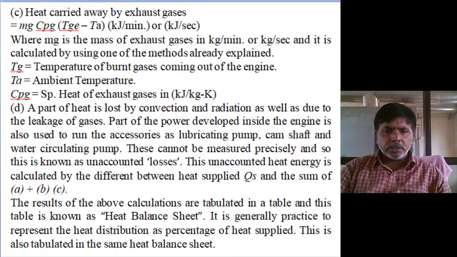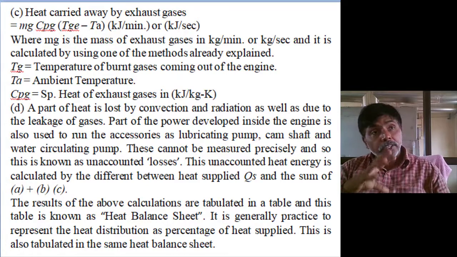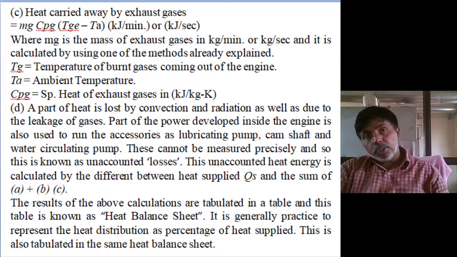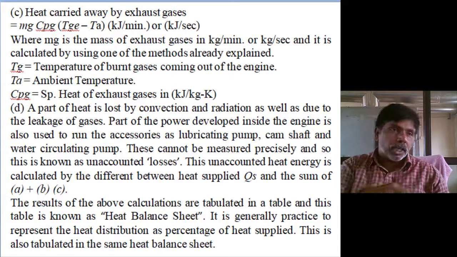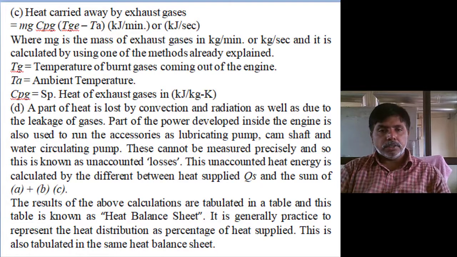These all are connected to the crankshaft only, and the camshaft also directly, and the radiator blower fan. It is also directly connected to the crankshaft. So these all are unaccounted losses. We can't measure them, as they are inbuilt inside the engine. So we can't measure the energy consumption for these outputs. So these all combined we call unaccounted losses.